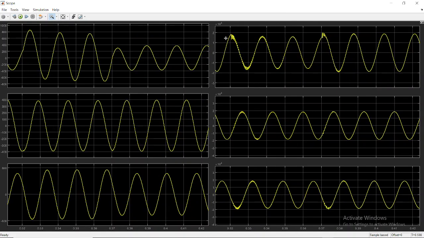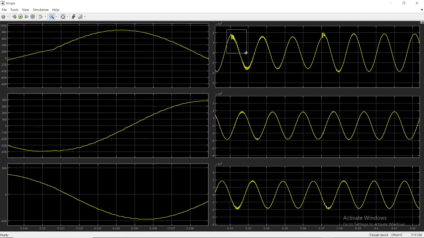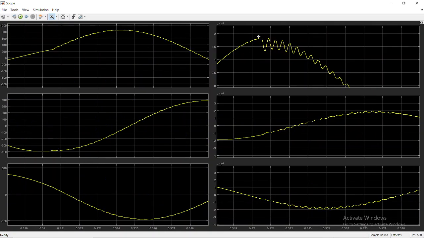This is the occurrence of the fault. Before the occurrence of the fault, the voltage signals are smooth, and at the fault instance again there are transients. Okay, so you have to analyze these transients and find out the distance to the fault.